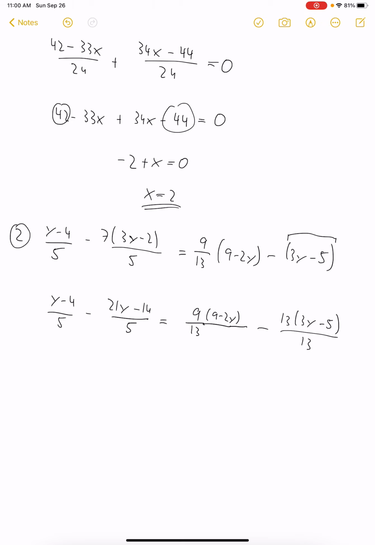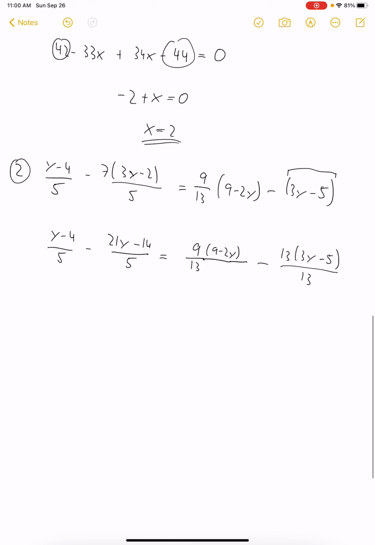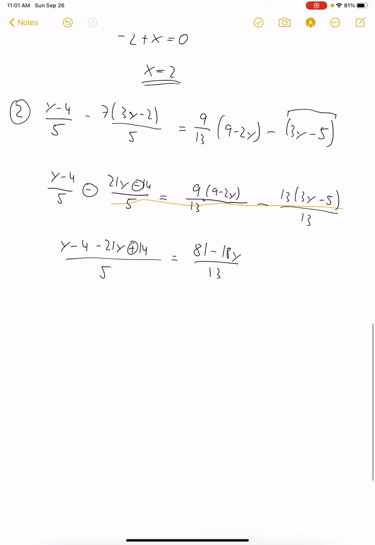Okay. So on the left-hand side, we can combine y minus 4 minus 21y plus 14. We have minus times minus, which leads to plus, over 5, is equal to (81 minus 18y) over 13.